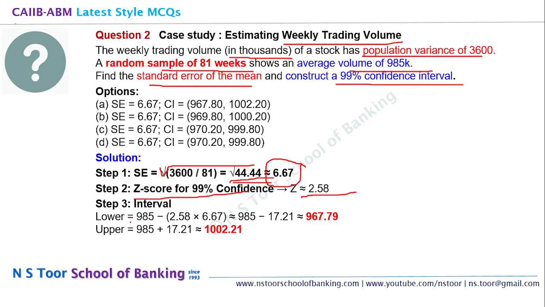So 985 minus margin of error, as we have calculated in the last slide also. How shall we calculate the margin of error? Z into standard error will be our answer for this.